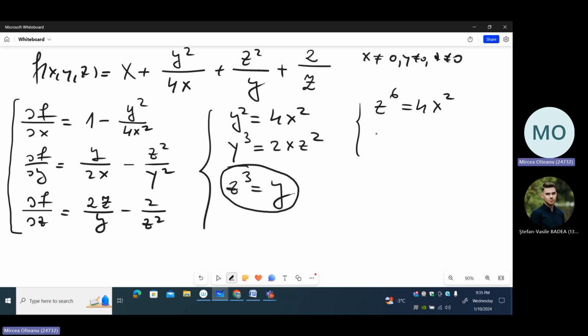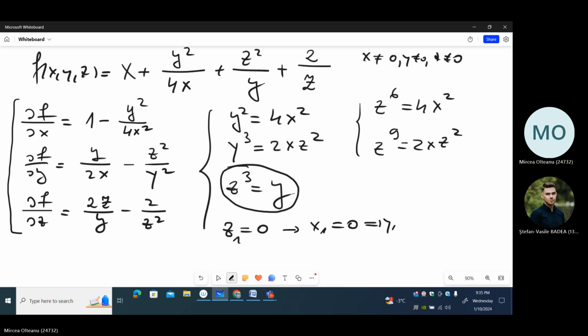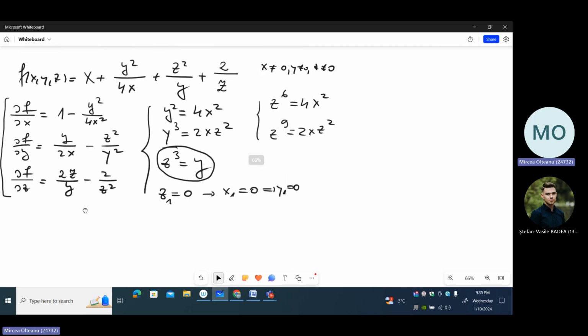And the second one is z to the 9 equals 2x z squared. Now, from the second equation, we get z equals 0. And from the first one, we get x equals 0 and y equals 0. So a first solution is when all the variables are 0. So we have 0, 0, 0.